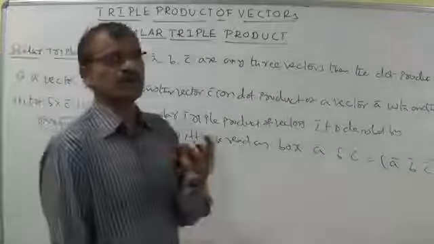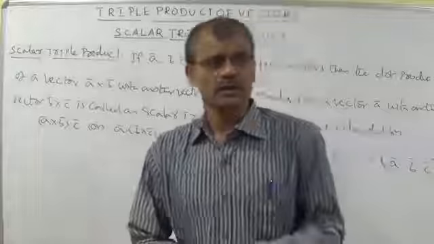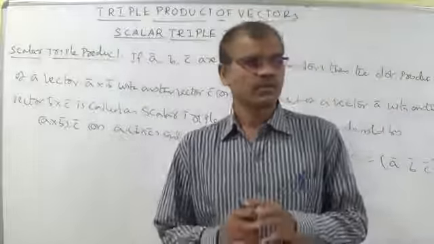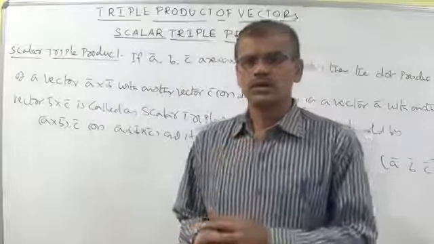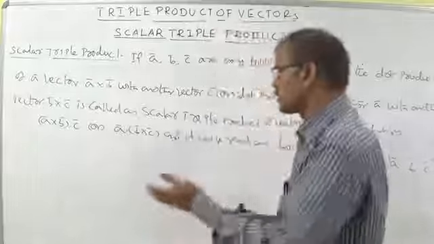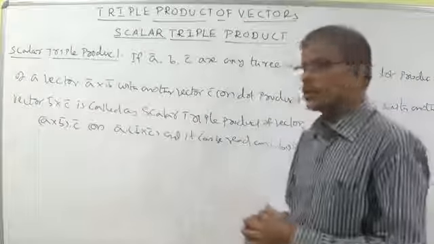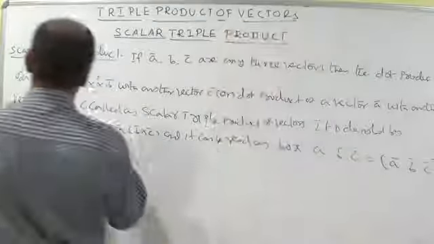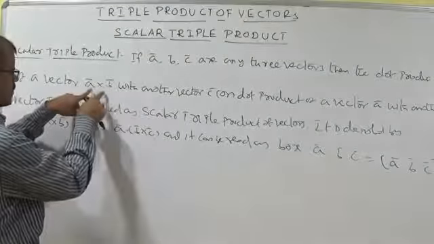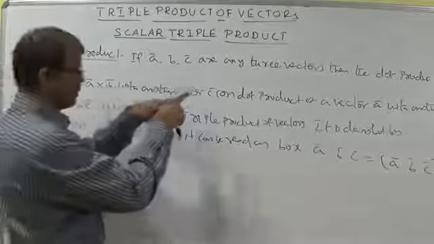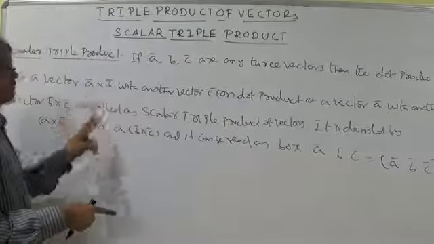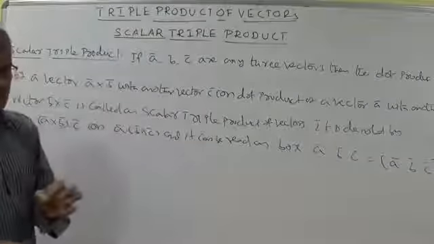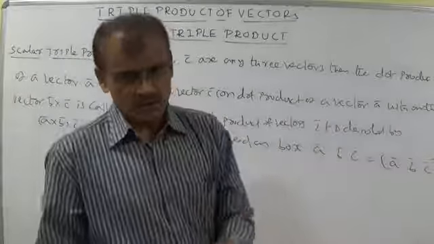Triple means three. A bar, B bar, C bar are three vectors. Dot product of A bar with B cross C, or dot product of A cross B with C bar is called as scalar triple product of vectors. We know that A cross B is a vector product. This is a vector, and if we multiply the vector with another vector with dot, it becomes scalar.